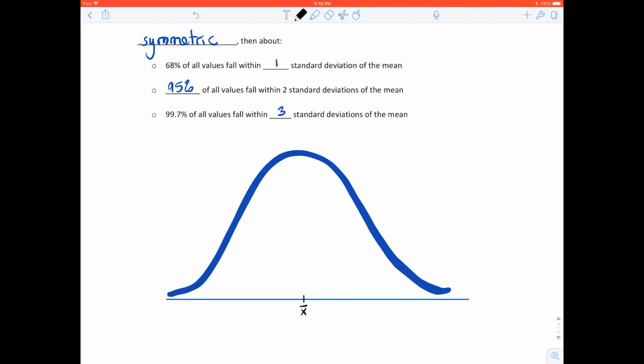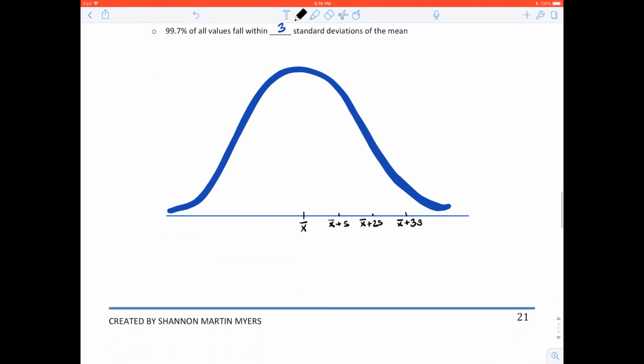And then if you count 1, 2, 3 over, you would have x bar plus 1 standard deviation, x bar plus 2 standard deviations, and x bar plus 3 standard deviations when you're going to the right of the mean.